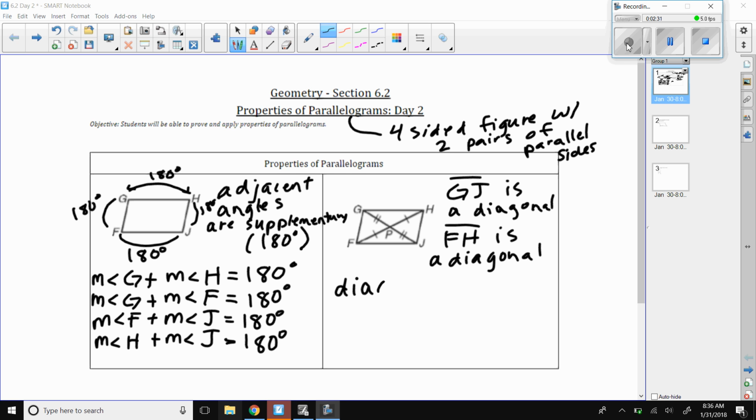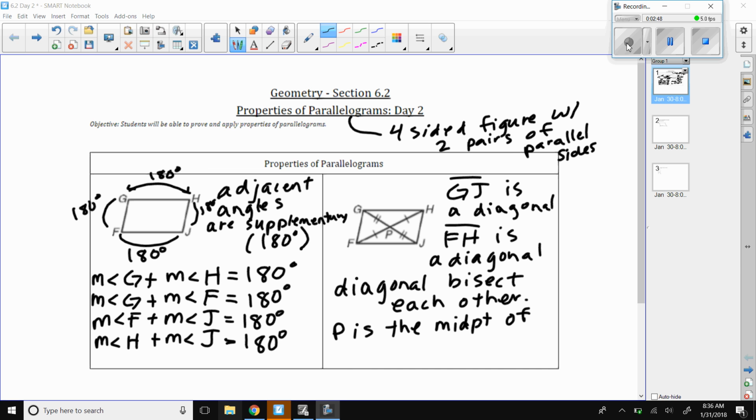So the diagonals bisect each other. Okay, or we can say that P is the midpoint of both diagonals. So P is the midpoint of FH, and it's the midpoint of GJ.